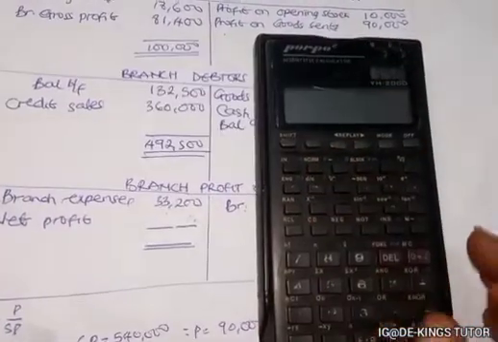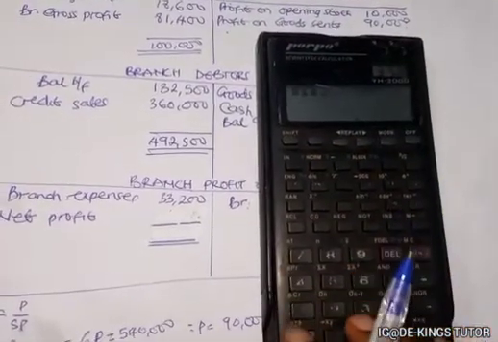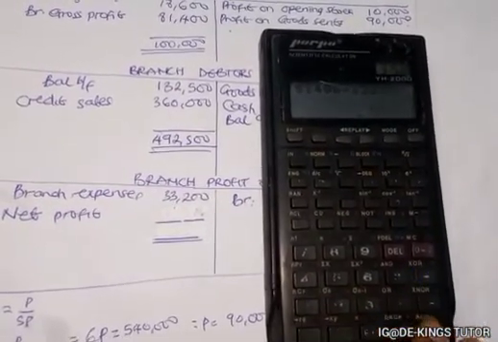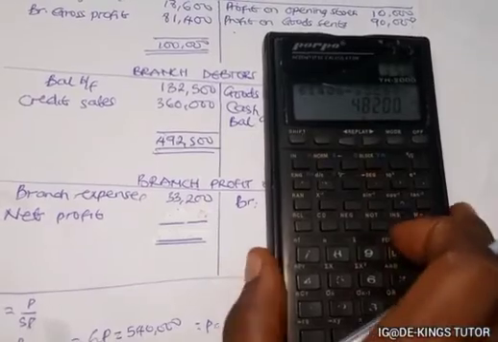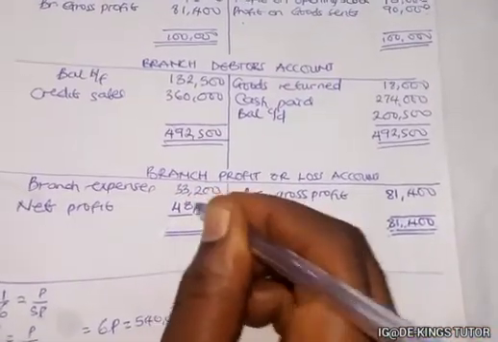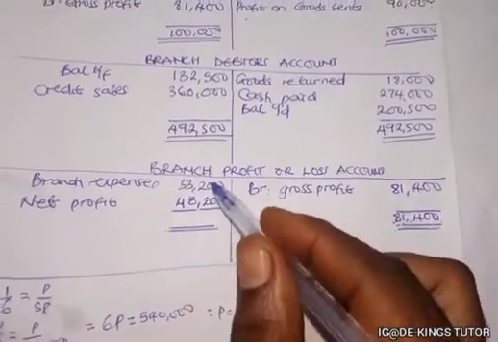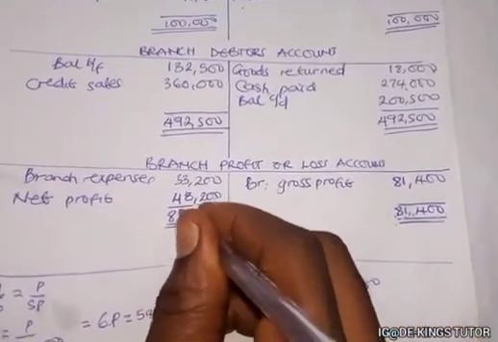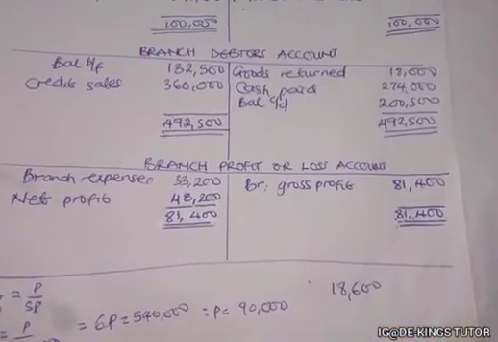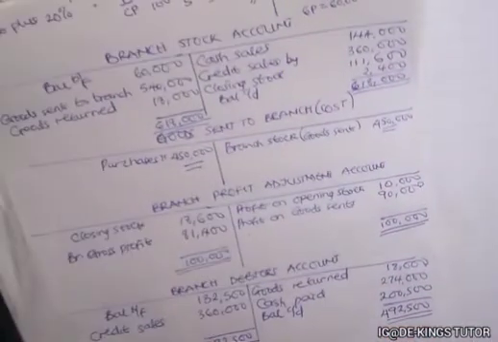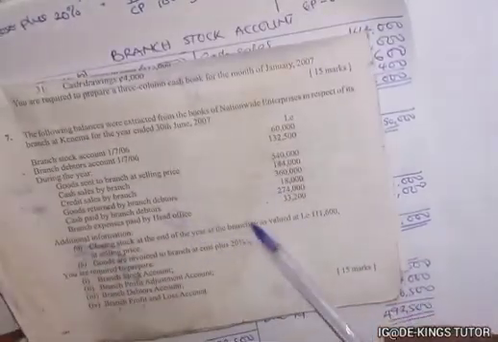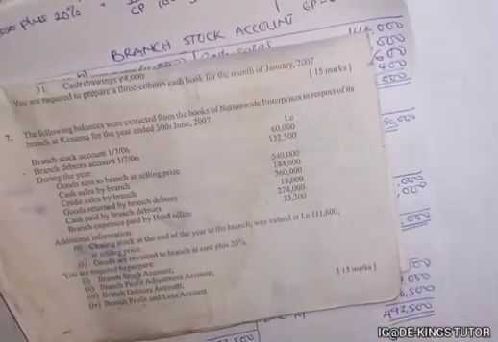So using our calculator, it is now 81,400 minus 33,200. That is 48,200. So our net profit is 48,200. So when we add this together, it still gives us 81,400. Okay. So this is the answer to this question. Okay, so that's how to prepare.